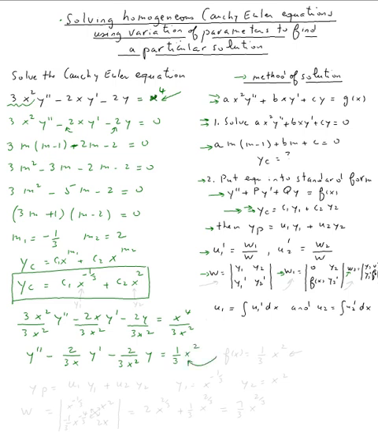So my f of x is equal to 1 over 3 x squared.